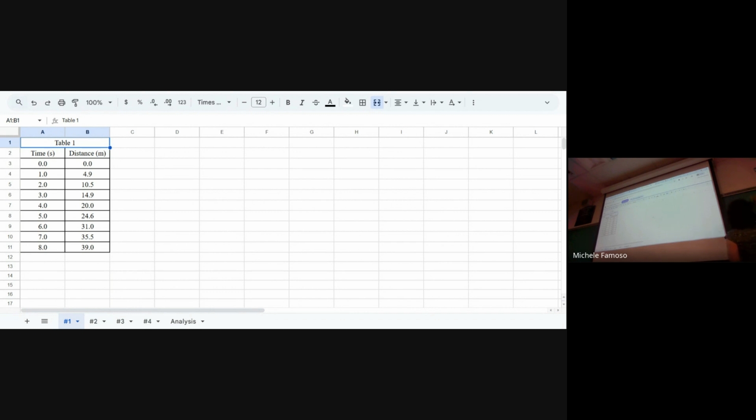So tabs numbers 1 through number 4, what you're going to do is make the graph using the correct technique that we learned the other day. And then make sure you add the equation to each graph.